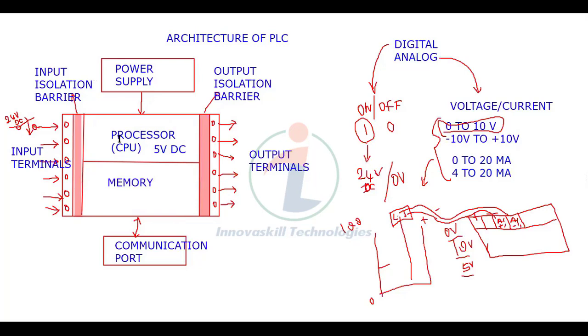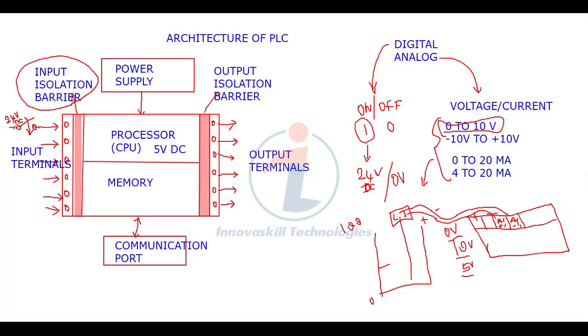So what we have to do is protect the processor from this. In order to protect the processor, we have to do something here. Inbuilt, we have that protection in the PLC, and that is called the isolation barrier. Its function is to protect the processor from this high voltage.